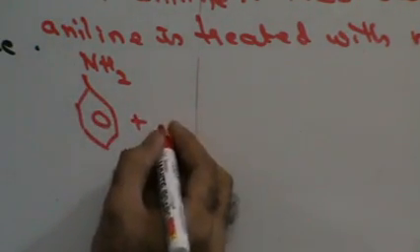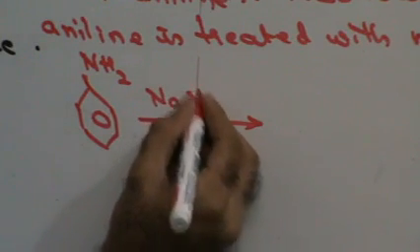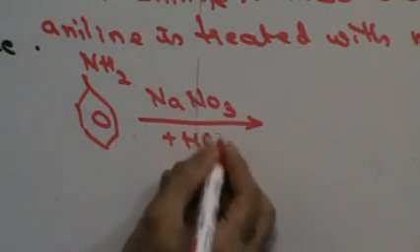Aromatic, so you need your benzene. Primary amine, NH2, is treated with nitrous acid. How? It is first reacted with sodium nitrite and hydrochloric acid. If I react with sodium nitrite and hydrochloric acid, then what you will get is benzene diazonium chloride.